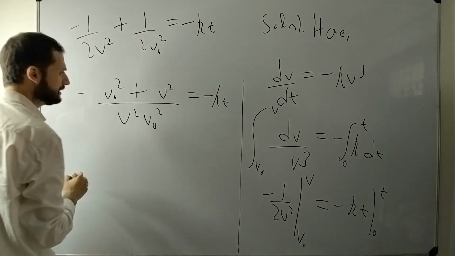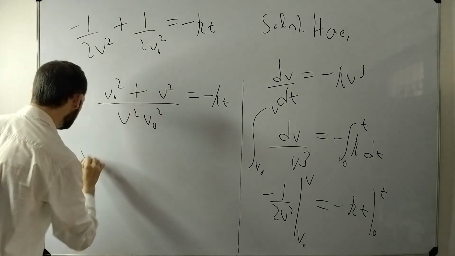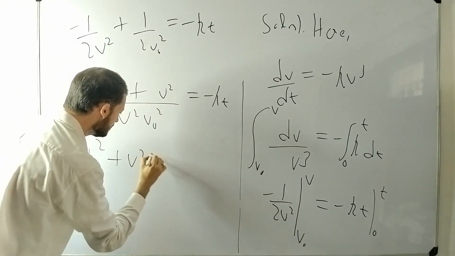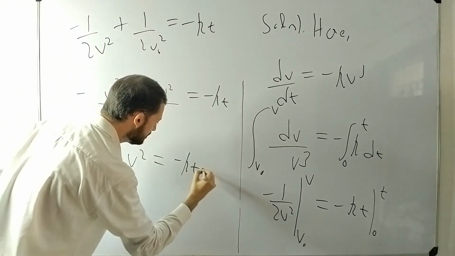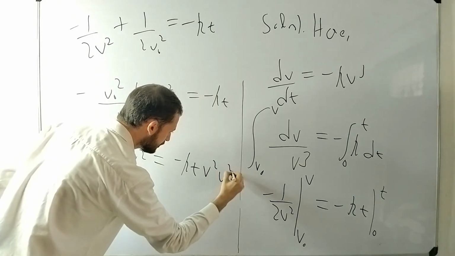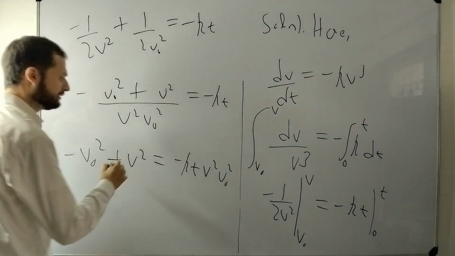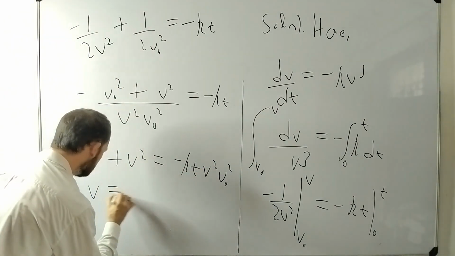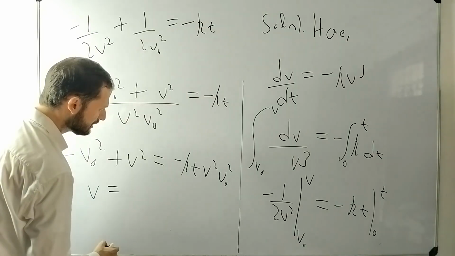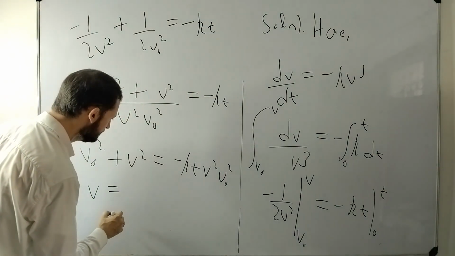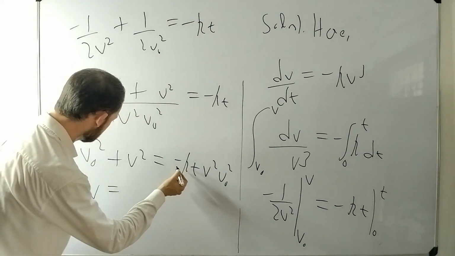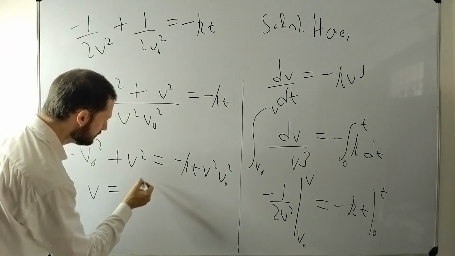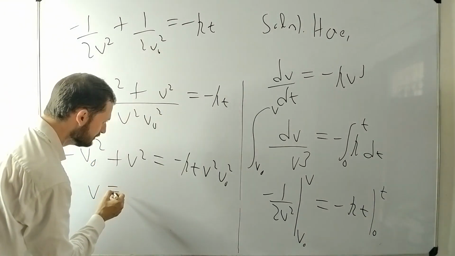So the equation becomes minus V naught square plus V square over 2V square V naught square equals minus kt. Now take this on this side. This becomes V square, and this becomes V naught square going to this side.